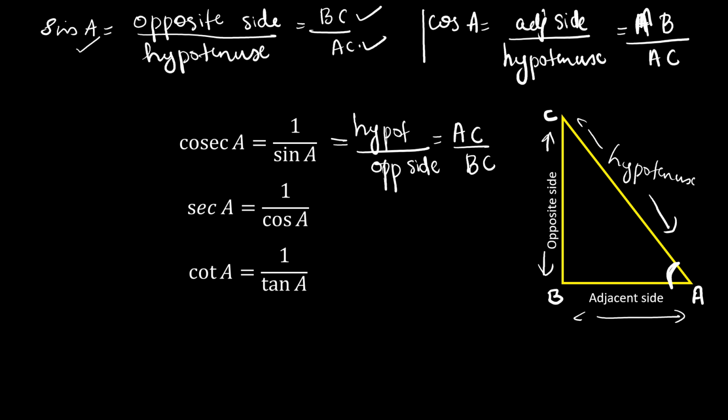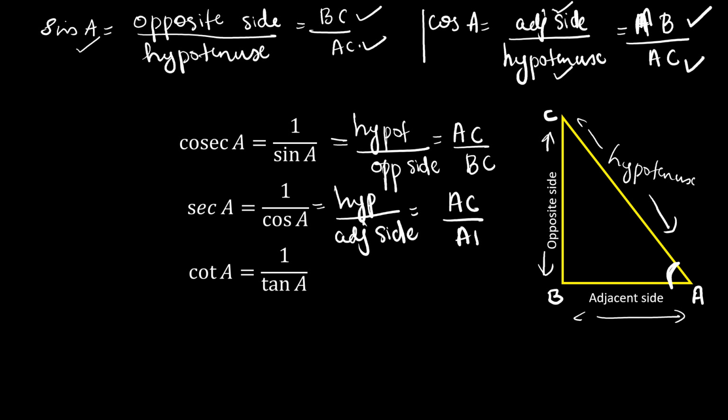So sec A will be reciprocal of cos A, that is hypotenuse divided by adjacent side, which is equal to AC divided by AB.